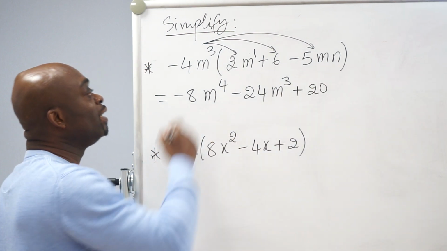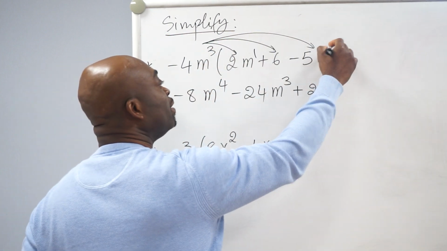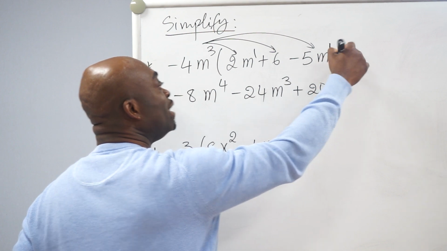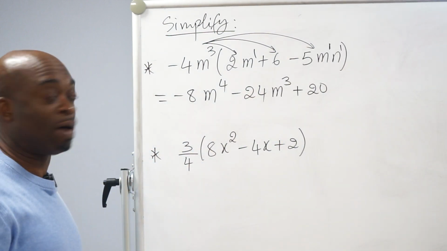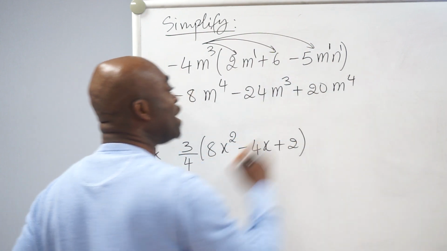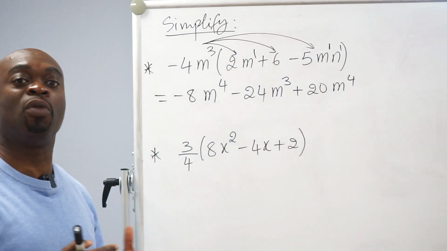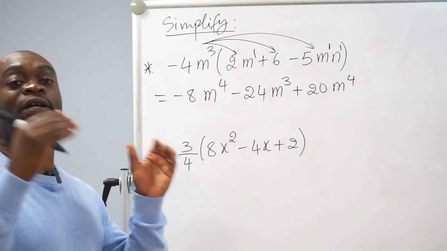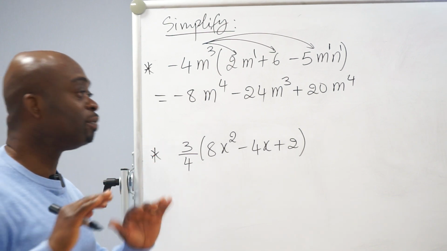So negative 20. And then m power 3 there, and m power 1 there, so that would be 3 plus 1. That would give us what? 4 as well. Because again, remember when you multiply the same base, the same variables, what happens to the powers? We add them up. That's it.